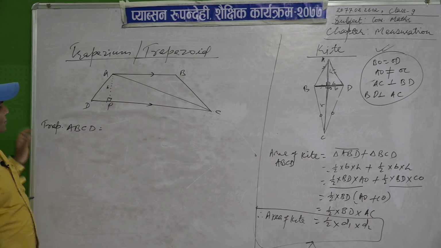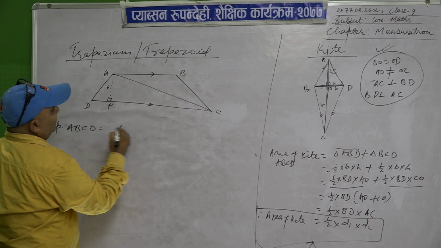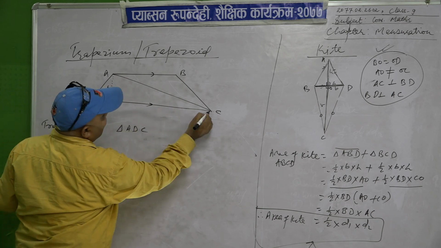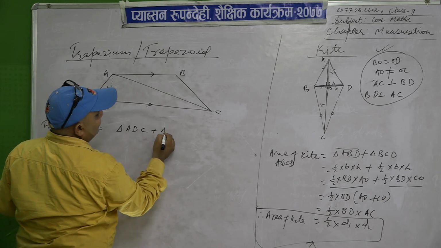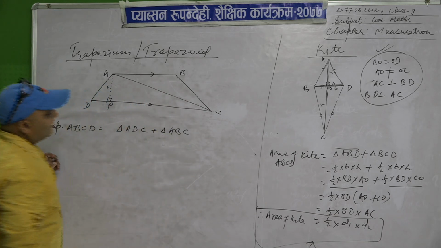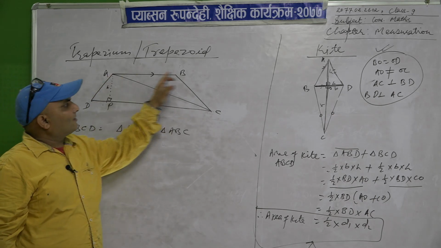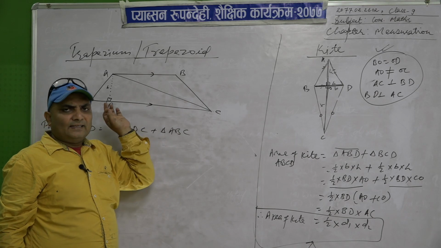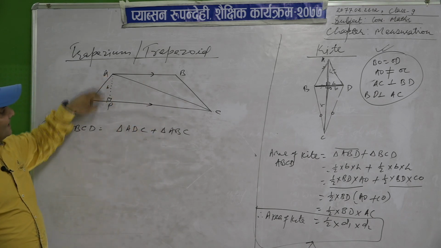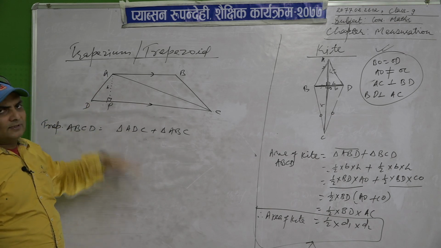So the area of the trapezium will be the sum of the area of triangle ADC and triangle ABC. If we add the areas of triangle ADC and triangle ABC, we will get the area of the trapezium. And we have considered that AP is the height of the parallel lines, or the height of the trapezium.